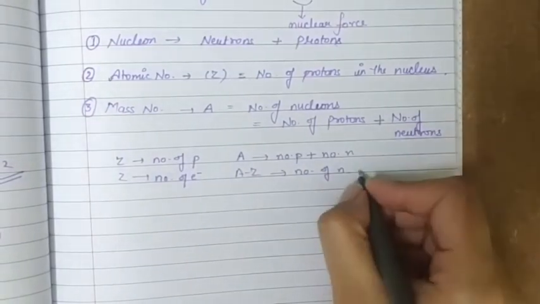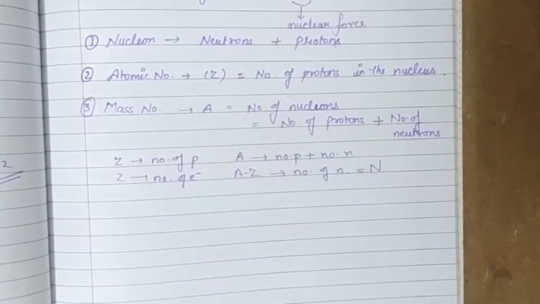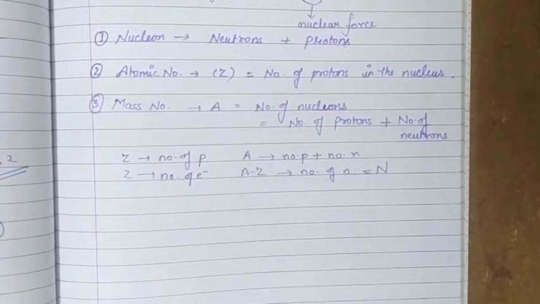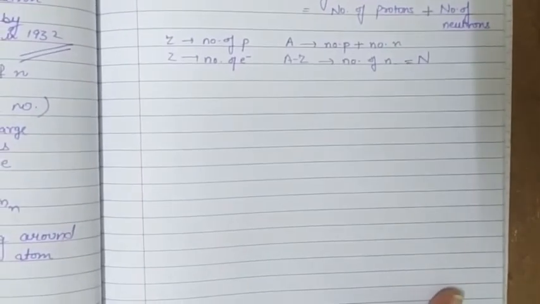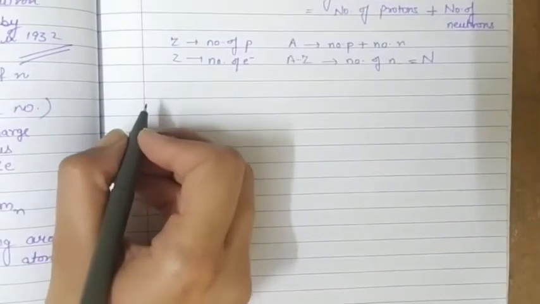We represent the number of neutrons by capital N also. So capital N is equal to the number of neutrons, which is the difference between mass number and atomic number, that is A minus Z.